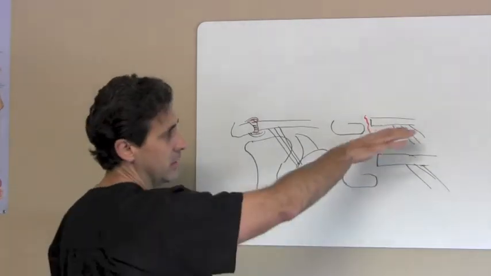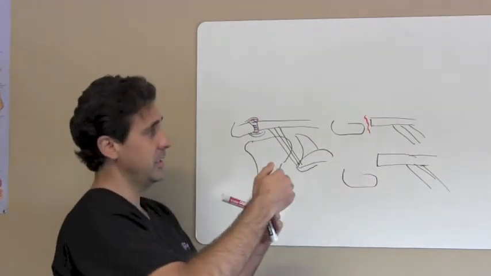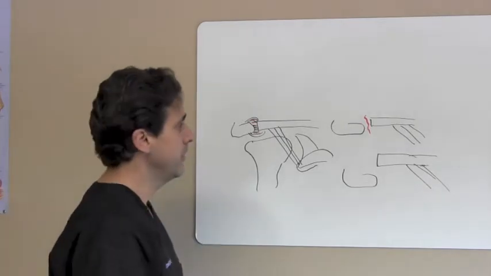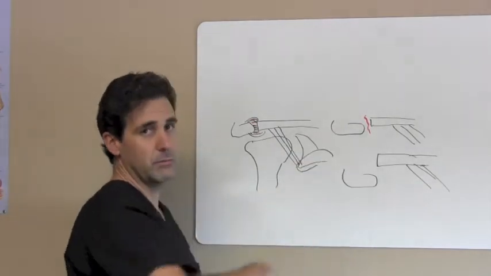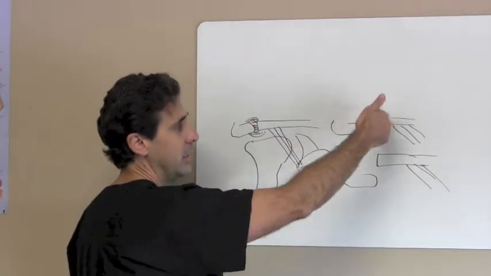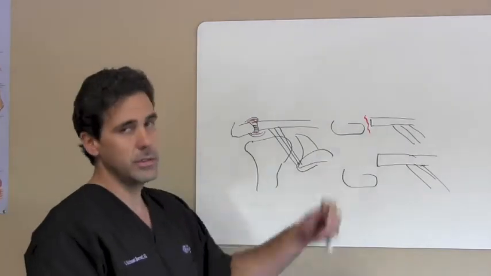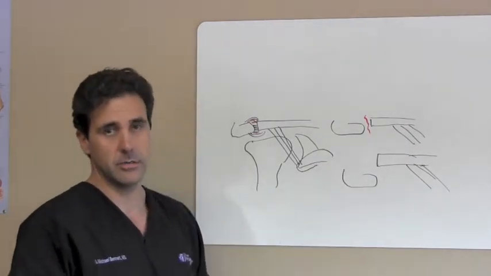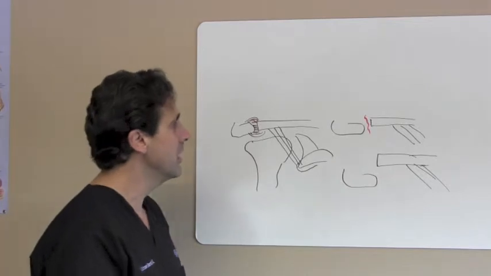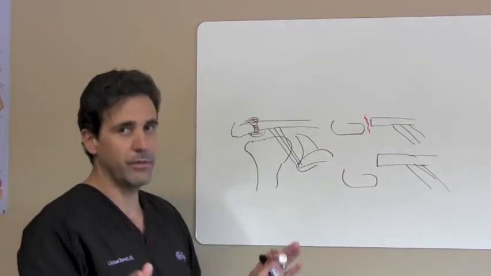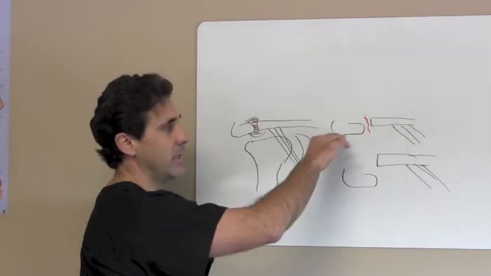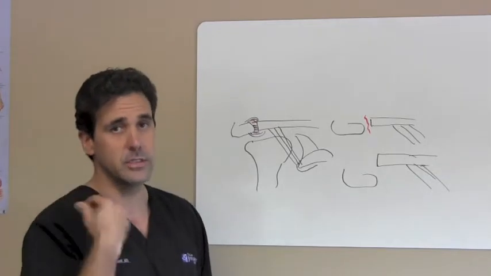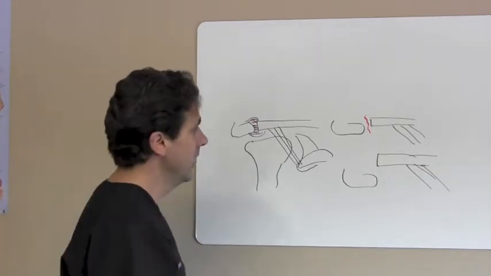So for the most part, you've still got a decent alignment. It's not completely stretched out or elevated. And this is a type 2, and you can treat this in a sling and just activity modification and let it heal in. A lot of times people heal up fine with this, and they just have a little bit of a bump there in their AC joint, and it's not a problem.